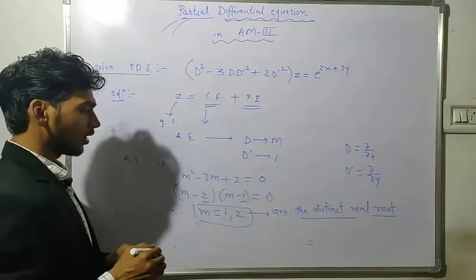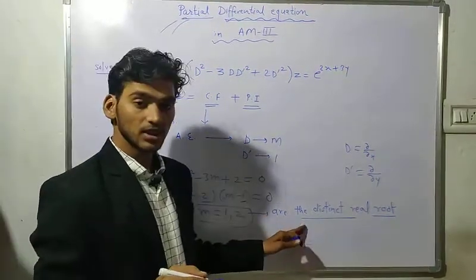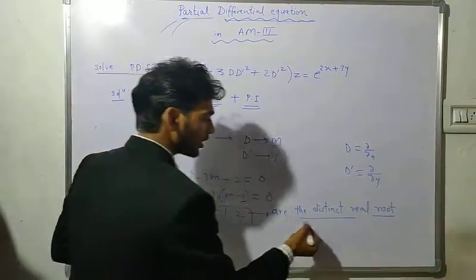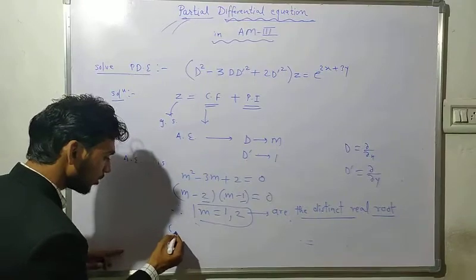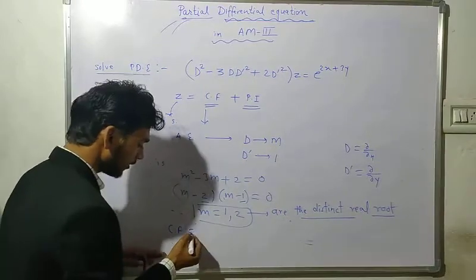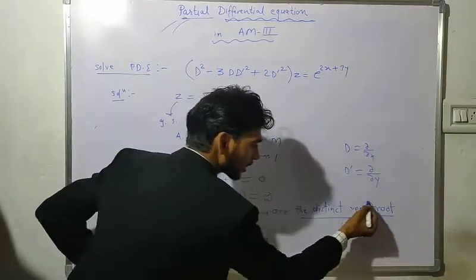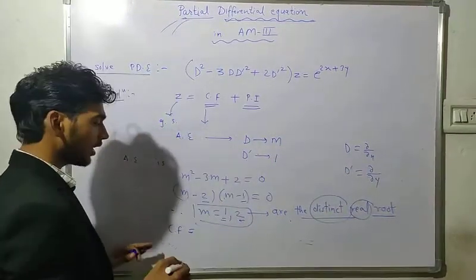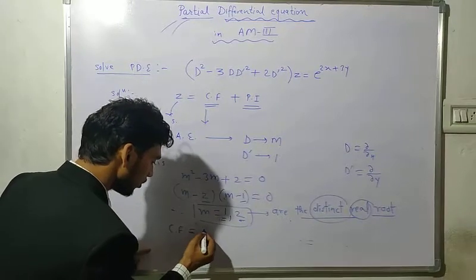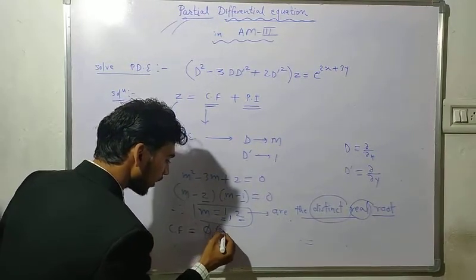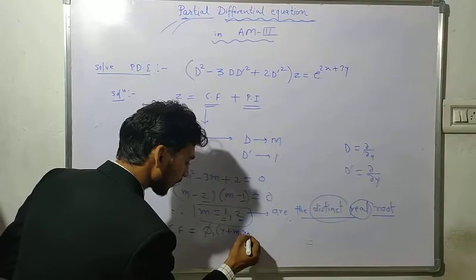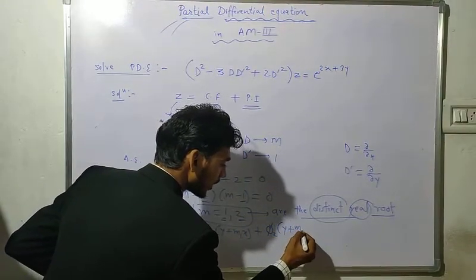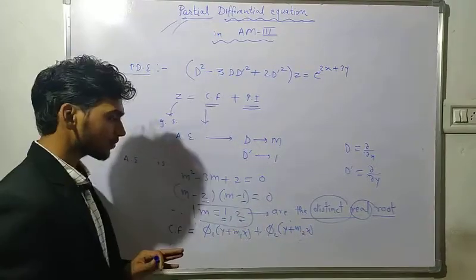Now there are different cases that we have learned in first year. Here also we have to find the complementary function. For real and distinct roots, the solution is phi 1 of (y plus m1 x) plus phi 2 of (y plus m2 x).